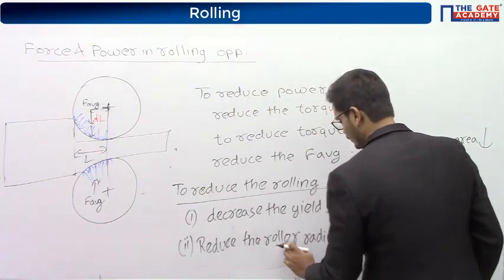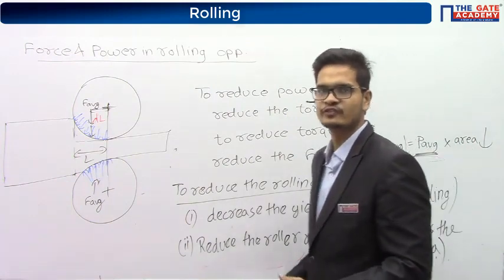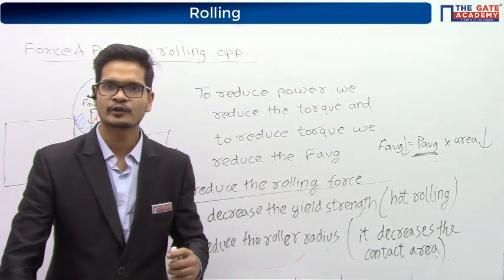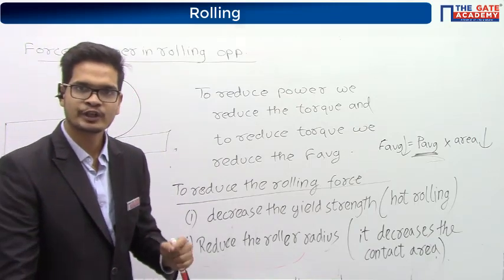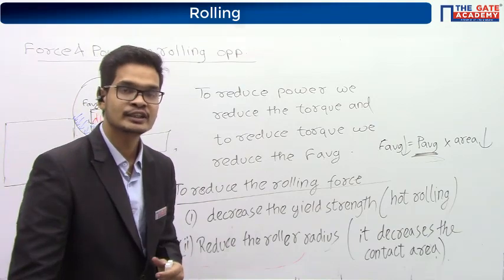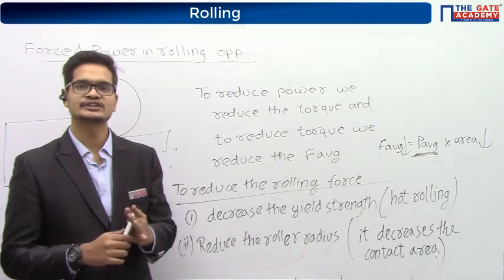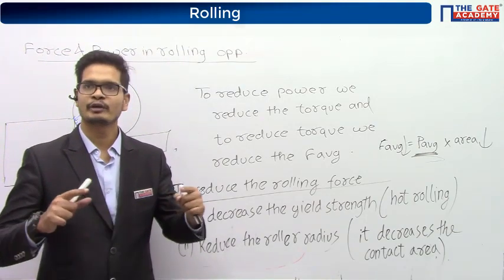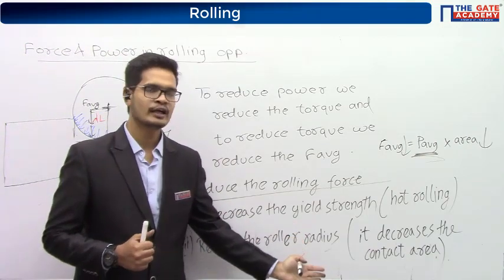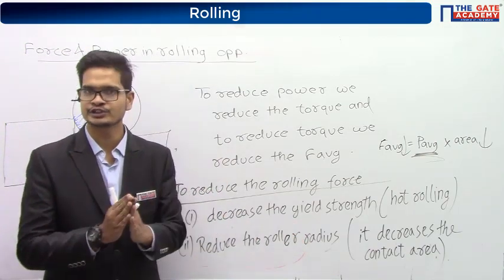When you decrease the roller radius, the load bearing area of the roller is also decreasing. So therefore, high chances are there that the roller may bend because of the high pressure acting on a reduced area.